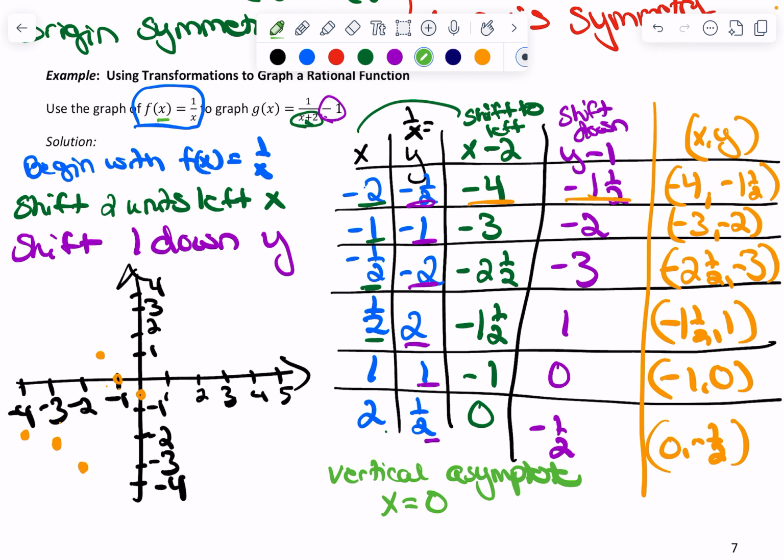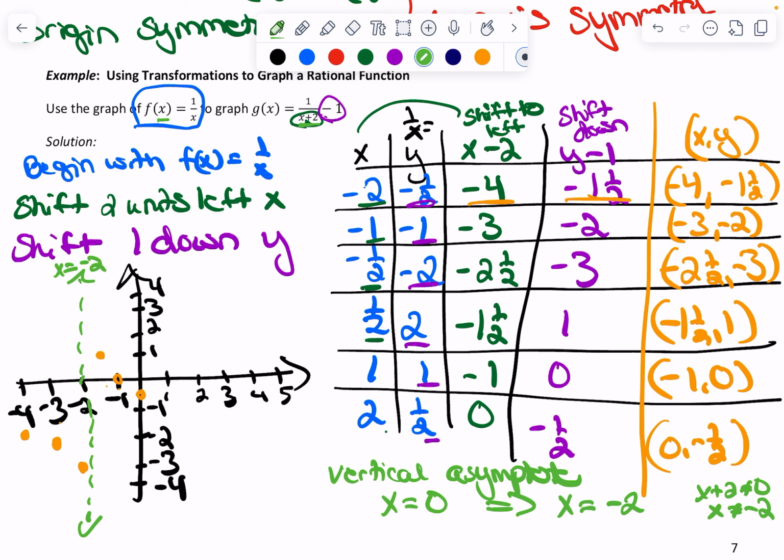Now, we shifted 2 units left, so that means the asymptote shifts 2 units to the left as well. So x equals -2. We can double check. x plus 2 cannot equal 0. When we move the 2, we get x cannot equal -2. So x equals -2 is our vertical asymptote right here.